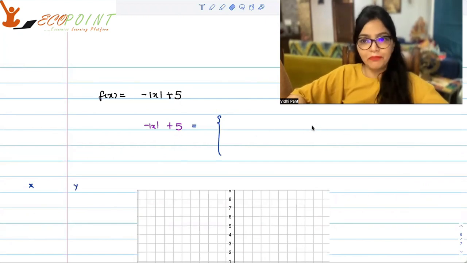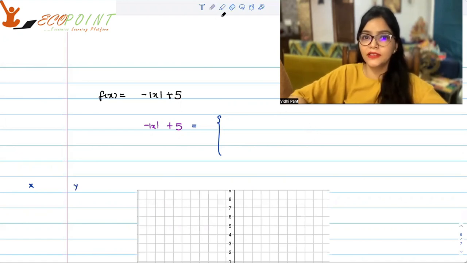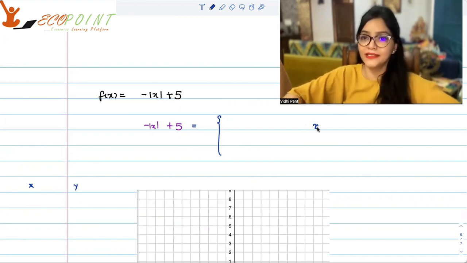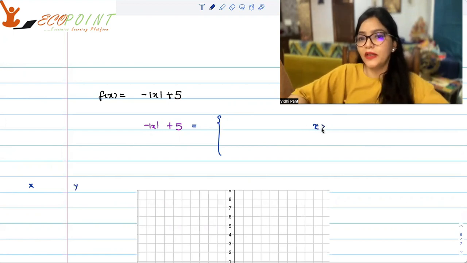Well, it depends on x. Now, x could be greater than 0 or less than 0, right? Please remember, it's not modulus of x with 5. It is modulus of x with a negative sign plus 5, okay? So, dependence of modulus is only on x, okay?